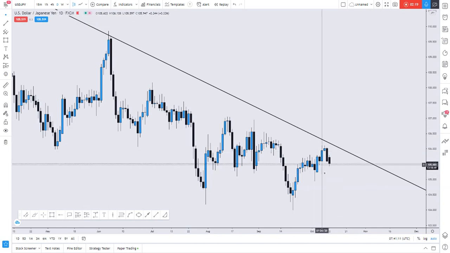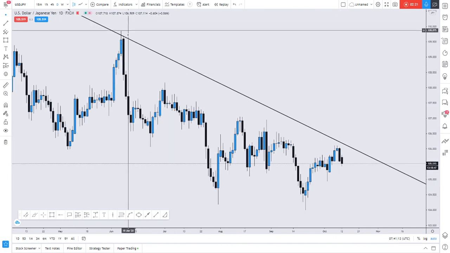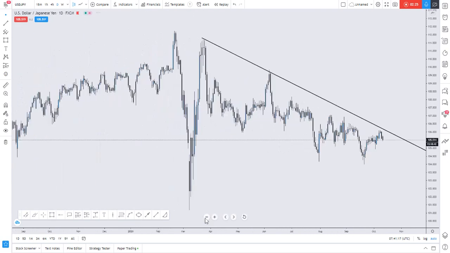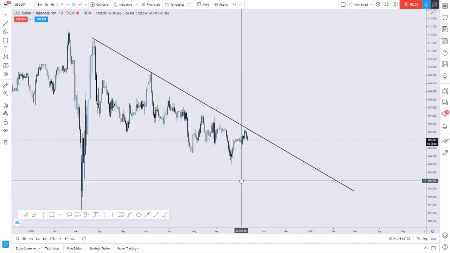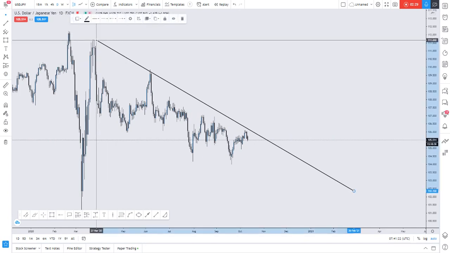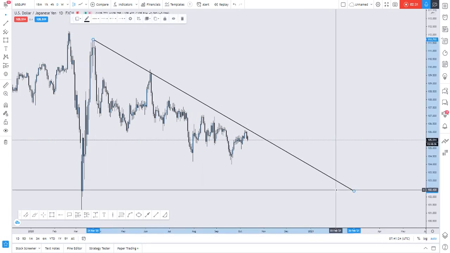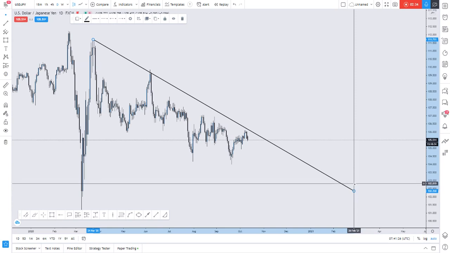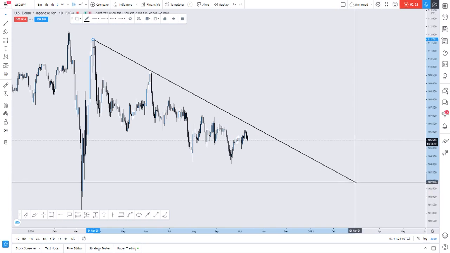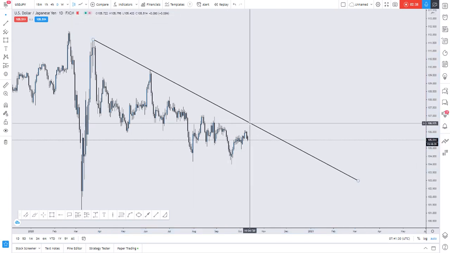Okay, so what do we have now? Since we had that massive bearish move to the downside, at this area in the market, this is just a counter trend line.